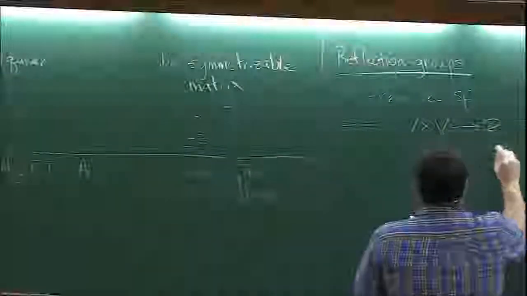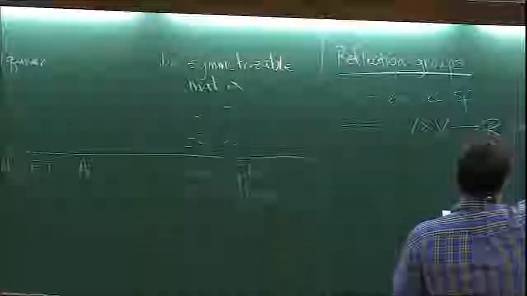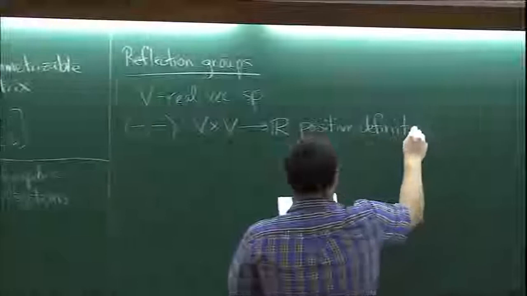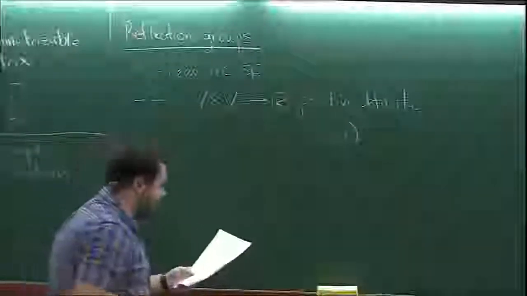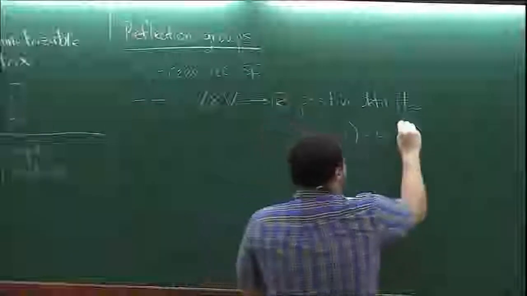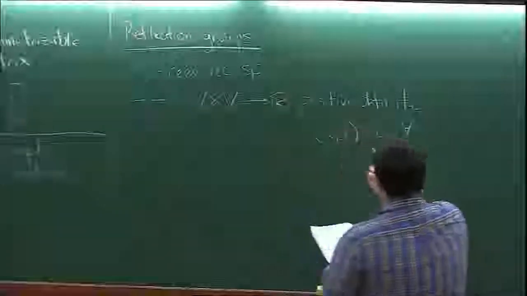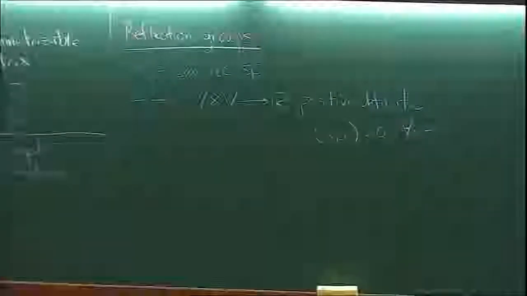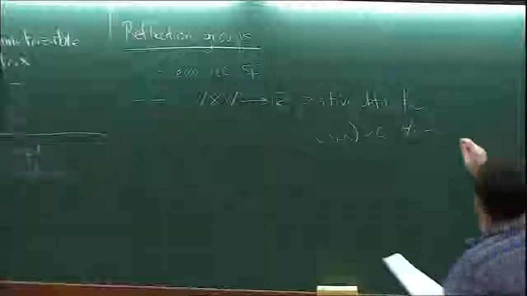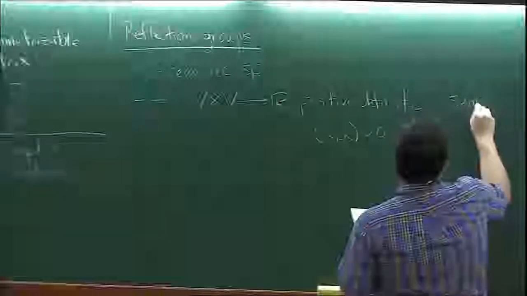I want it to be positive definite, so if I pair any nonzero vector inside V with itself, the value is positive.